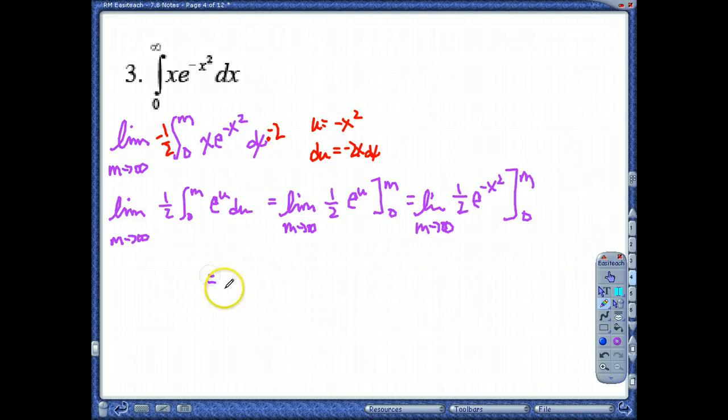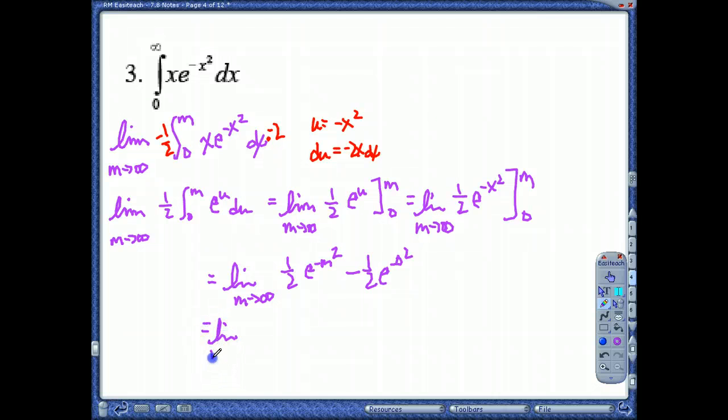Okay, so that's going to be the limit as m approaches infinity of negative 1/2 e to the negative m squared minus negative 1/2 e to the negative 0 squared. Well, when you have a negative exponent, we always like to flip that over. So that'll be 1/2 e to the positive m squared.